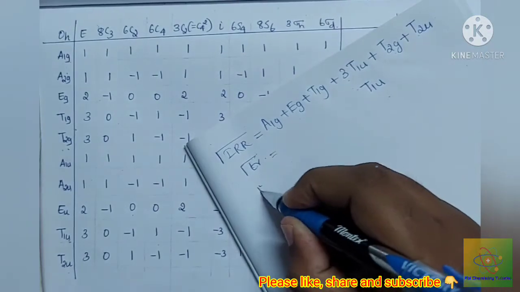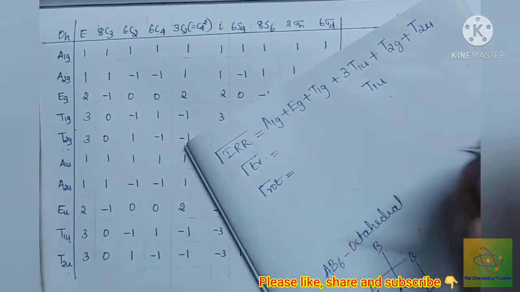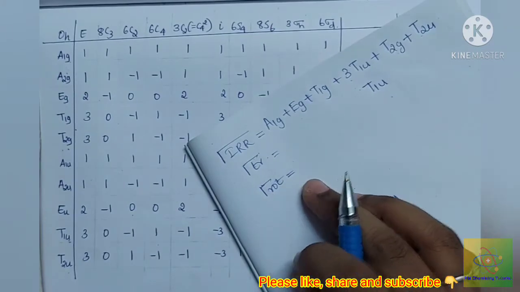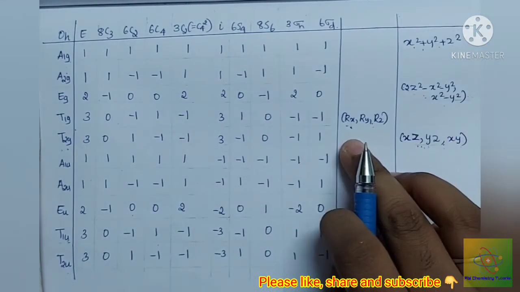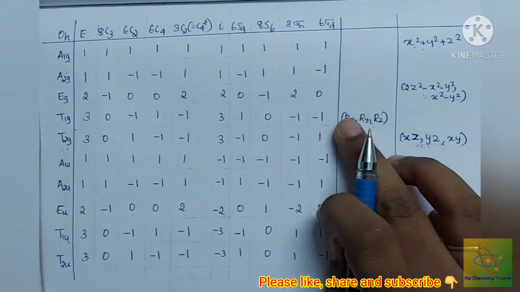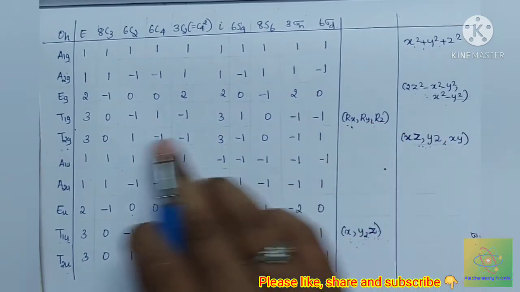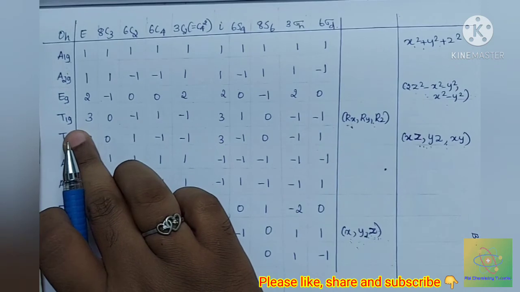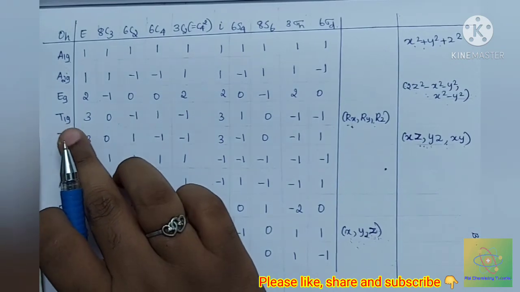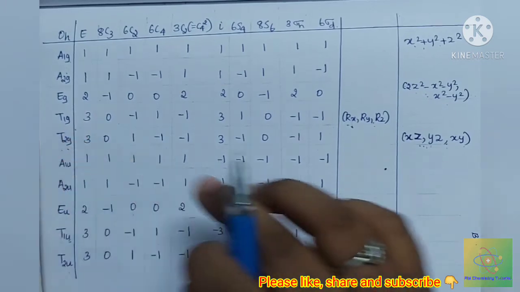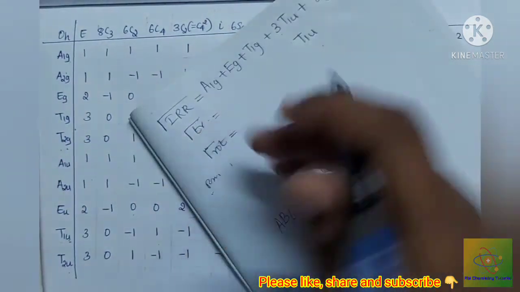Next, we are going to calculate the rotational motions. For rotational motions, there should be Rx, Ry and Rz. So here you can see Rx, Ry and Rz are also given in a single bracket, and here you have T1G, that is a three-dimensional irreducible representation. So 1 T1G is rotational motion.